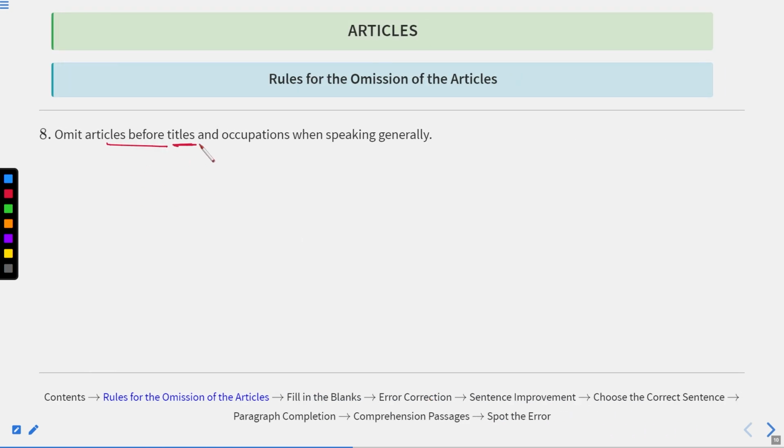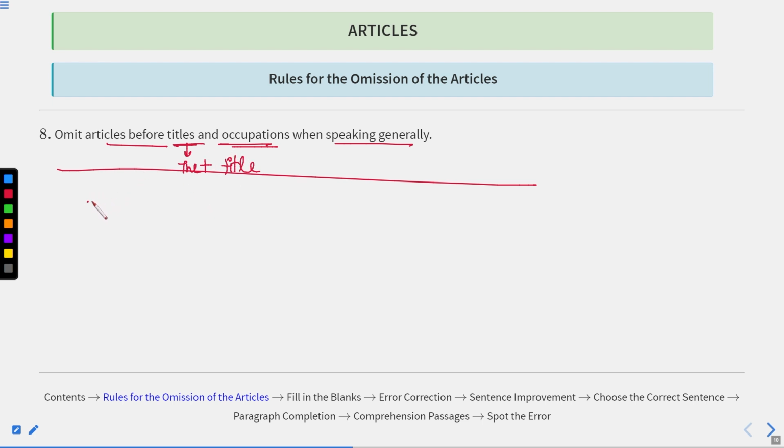Omit articles before titles and occupations when speaking generally. Now, if we talk about titles, before titles we use the, before any title which is given to a person. But before occupations, let me give you an example. It is actually another rule.